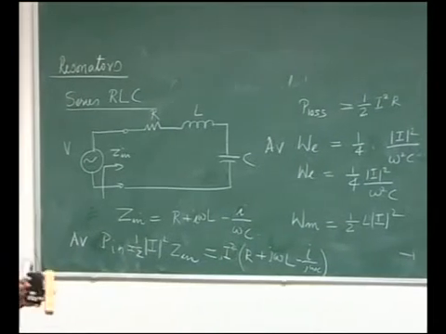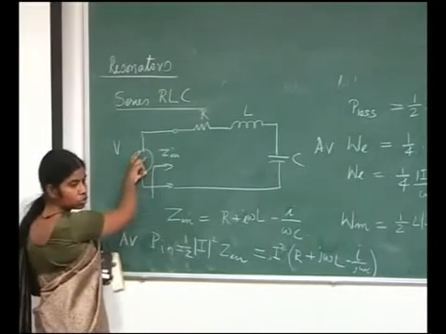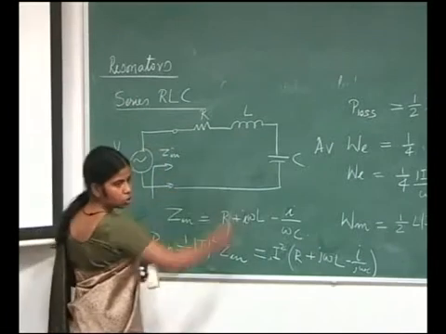In half cycle it is positive, in half cycle it is negative. So I will have to consider average power that is being transferred by the input source to the load circuit. Now load could be anything.